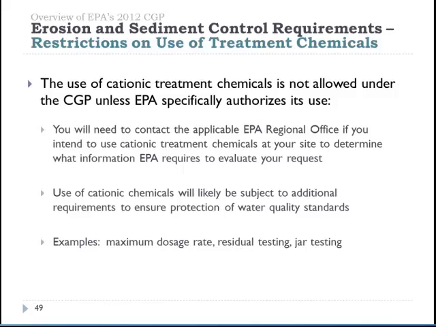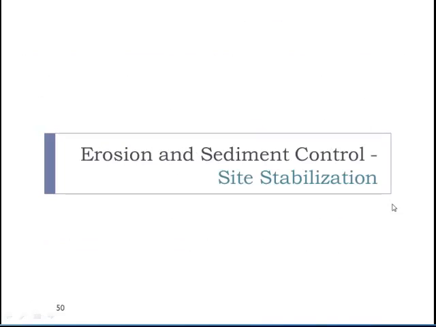How this would work is if they intend to use cationic treatment chemicals, they would contact the EPA regional office, and they'll have a list of information that's required of you, and if they authorize the use of cationic chemicals, you'll likely be subject to additional requirements such as maximum dosage rates or residual testing, and those will become part of your permit coverage where necessary. So that's for cationic treatment chemicals.